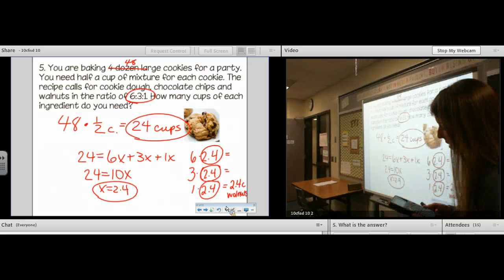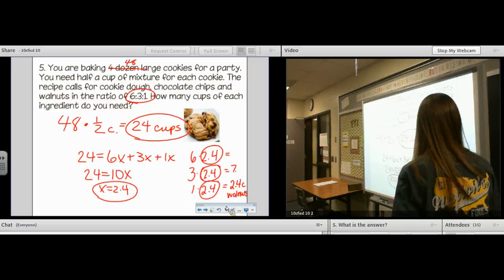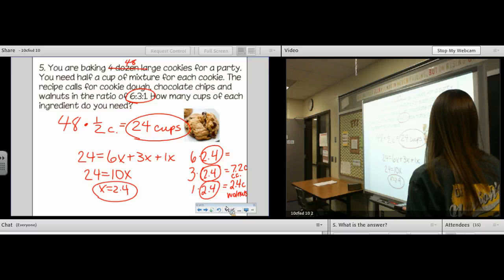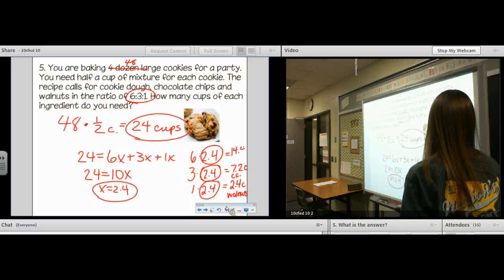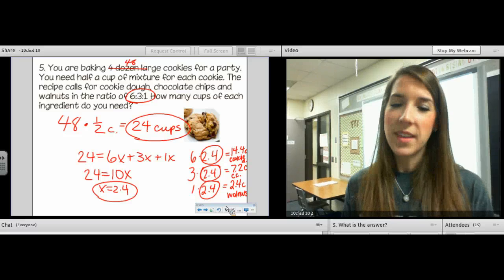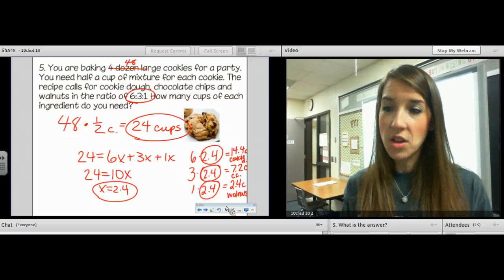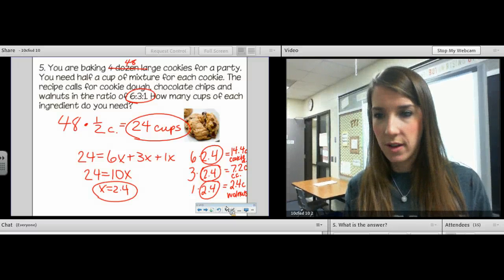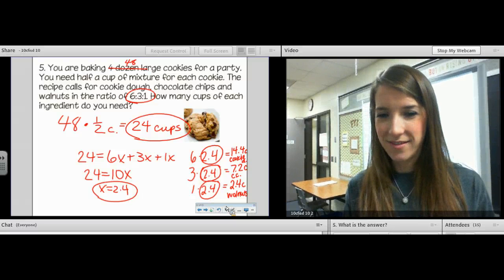And then what were the other ones? 7.2 cups of chocolate chips and 14.4 cups of cookie dough. I hope that makes sense. Not times 2, times a half, because each cookie gets a half of a cup.